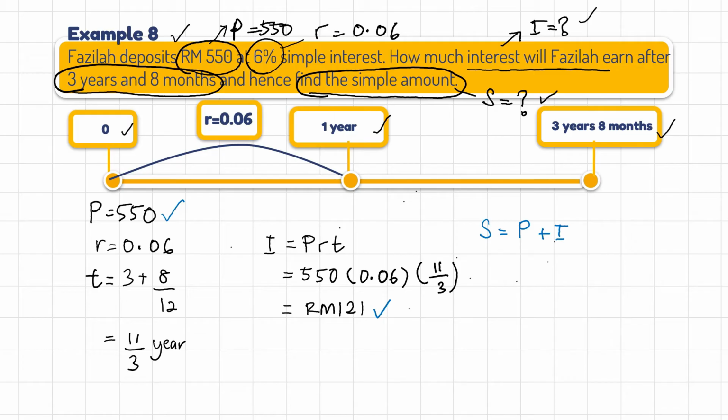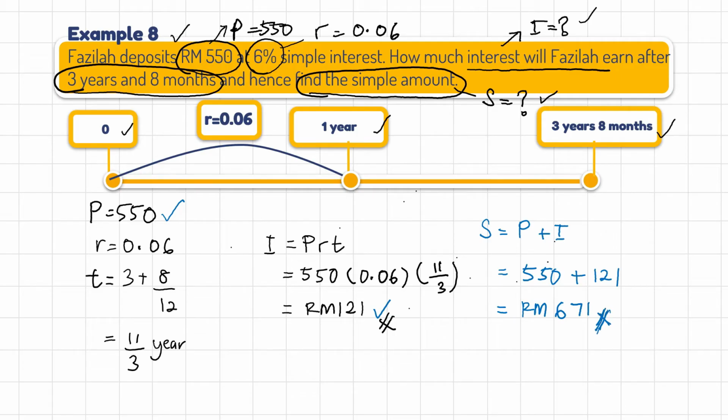So the simple amount will be 550 ringgit plus 121 ringgit. So it will become your S, RM 671 ringgit. This is the answer for interest, and this is the answer for simple amount.